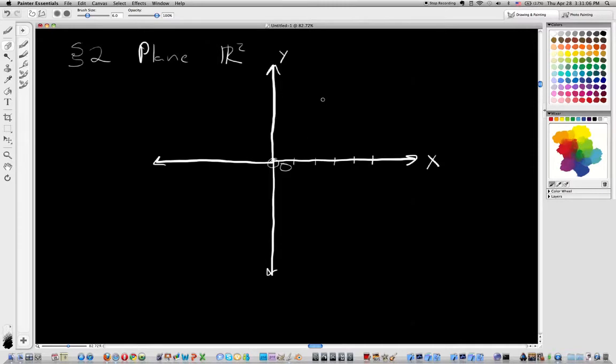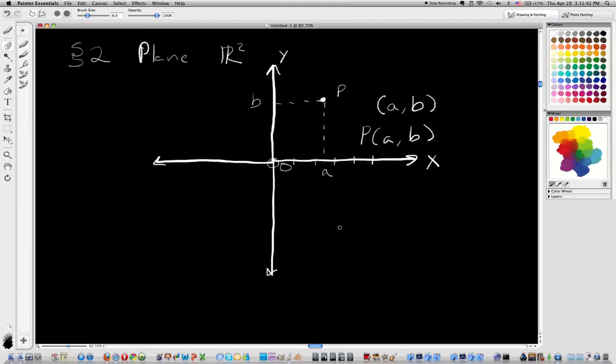So, to find any point P in this plane, we see where it hits on the x-axis, and we call that point A. Then we see where it hits on the y-axis, and we call that point B. So the location of P is just A, B. And we denote the location of P by saying P of AB.